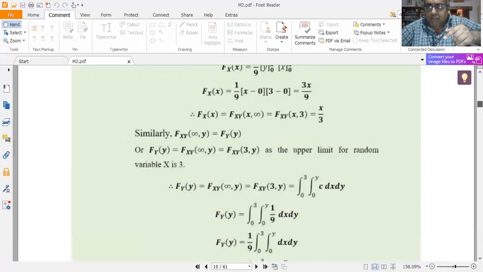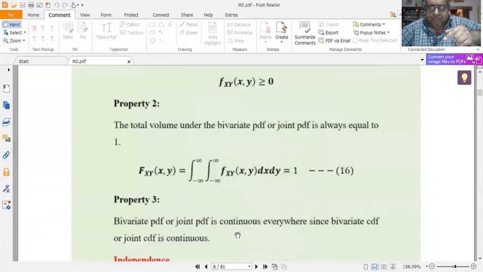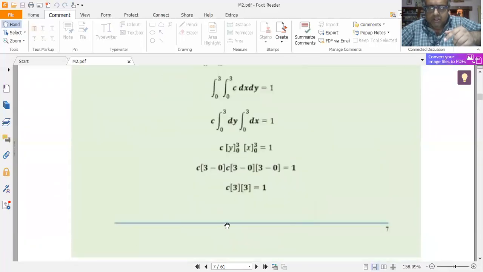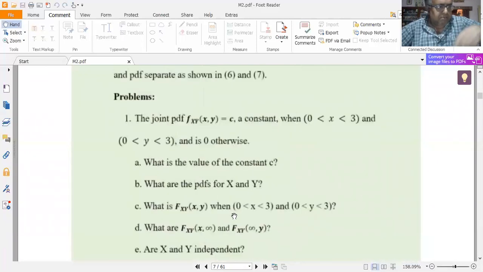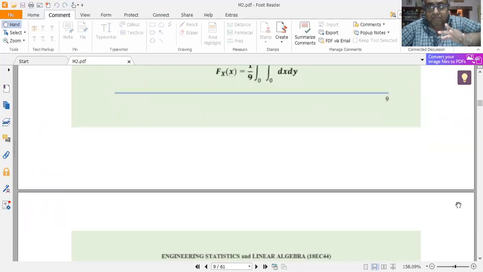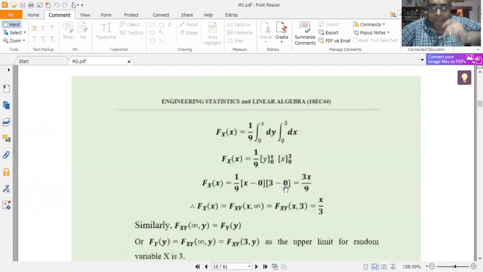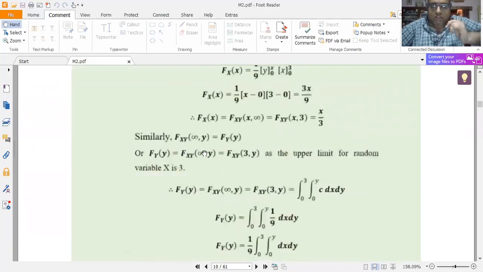So what is the upper limit of x? See the problem statement. The upper limit of x is 3, 0 less than x less than 3. So that's why Fxy of infinity comma y would get replaced by Fxy of 3 comma y.